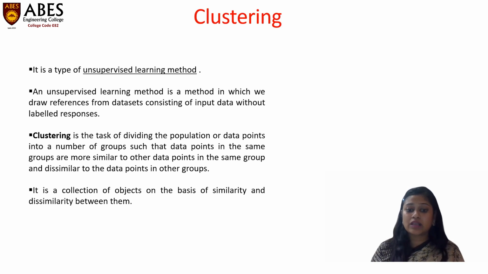In clustering, the task is dividing the population or the data points into a number of groups such that the points in the same group are more similar to each other and dissimilar to the data points in other groups. So basically, I collect some similarities and make a cluster of them. If a person is purchasing X things, I put them in one cluster X. If the other group is purchasing Y things, then I will mark them as the Y group.